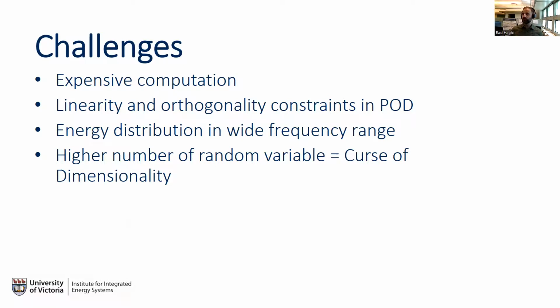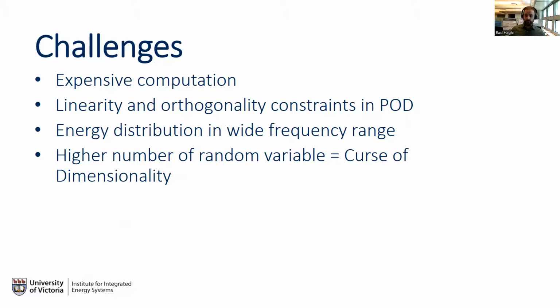So you need a large number of modes in order to be able to build the surrogate model. And when we go to that large number of modes, you hit the curse of dimensionality very quickly. Curse of dimensionality means you're going to have a large number of coefficients that you have to calculate. And then actually building the surrogate model doesn't have any meaning anymore, because the computational power that you have to put in to do that isn't worth it.